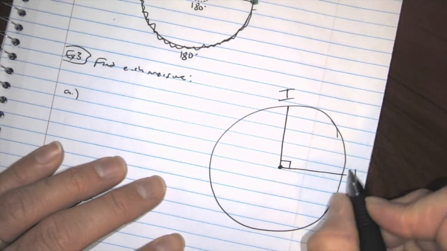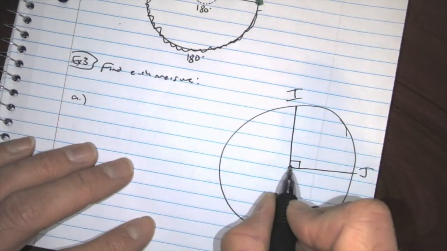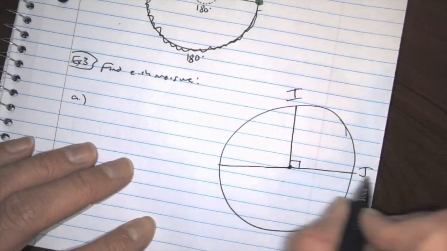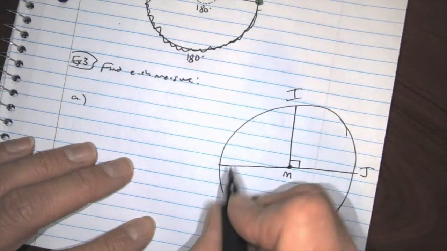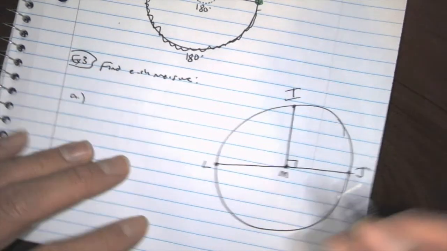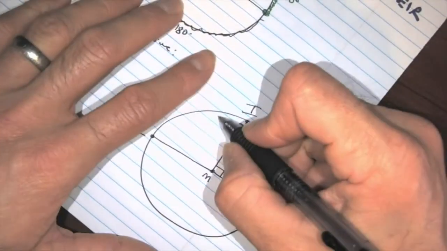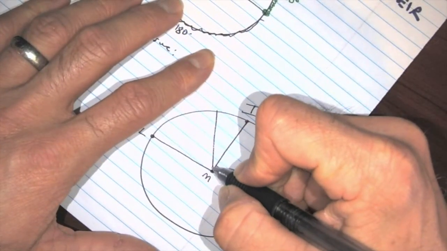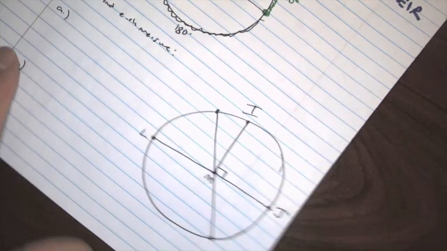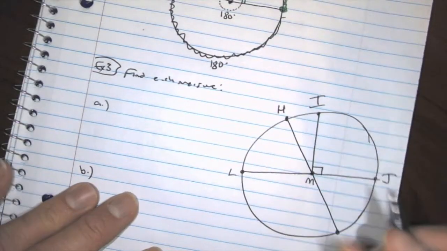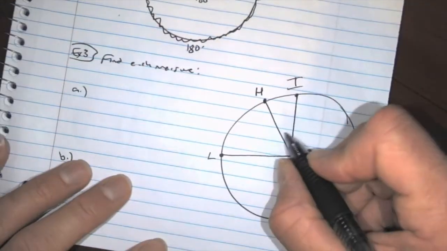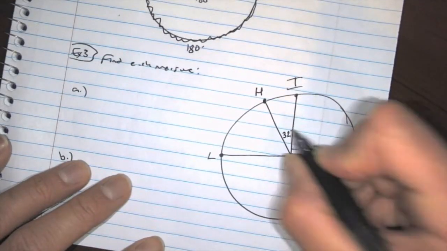Call this I, call that J. Now let's extend this radius, make it a diameter right there, cutting the circle in half. We'll call this M, we'll call that L. And let's make another diameter, kind of going this way, halfway through the circle. So this is going to be H, and there's K. And we'll call this little angle right here 32 degrees.